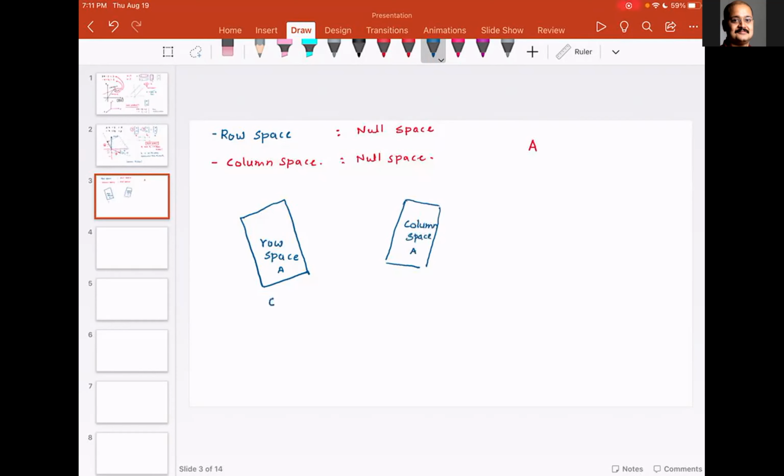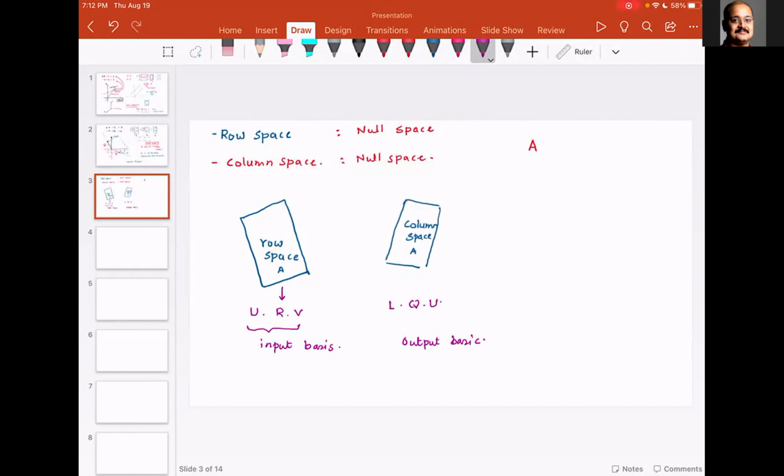So this is shown as C of A, and then there is C of A transpose, but we'll talk about that a little later. The row space approach is used in URV type of decomposition, which is LU, QR, SVD, and then you have L, Q, and U. So this is used in the input basis, and this is used in the output basis.